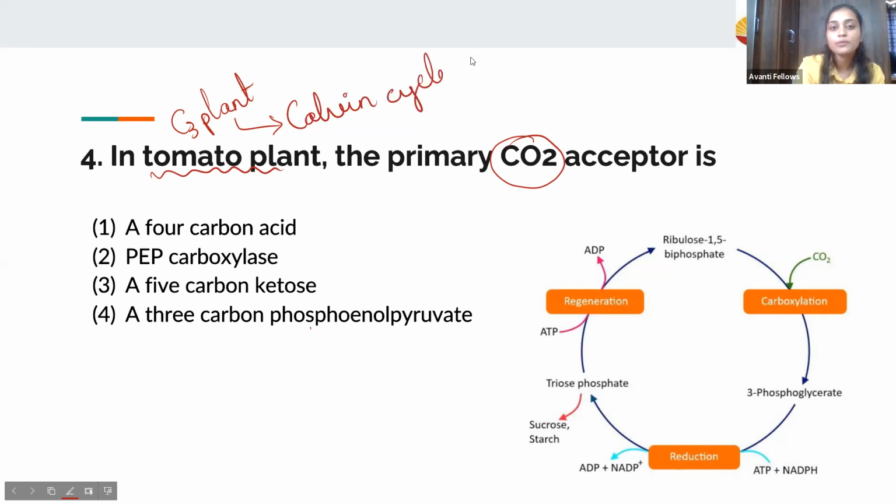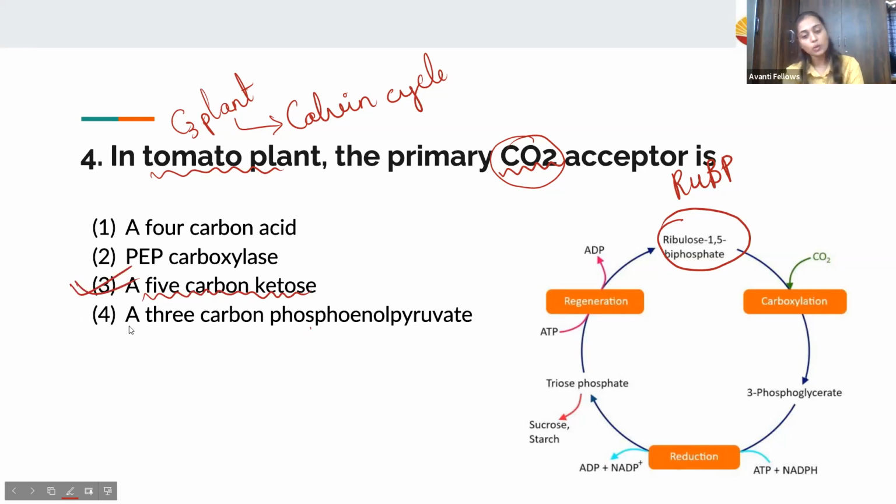In the C3 cycle of a plant, the primary acceptor of carbon dioxide is ribulose 1,5-bisphosphate, which is also known as a 5-carbon ketose.